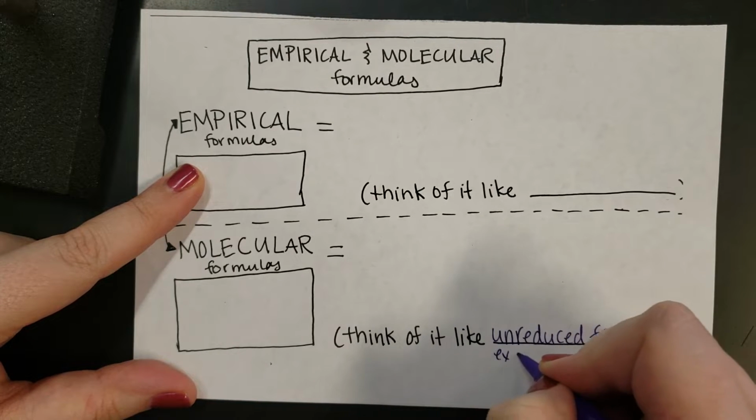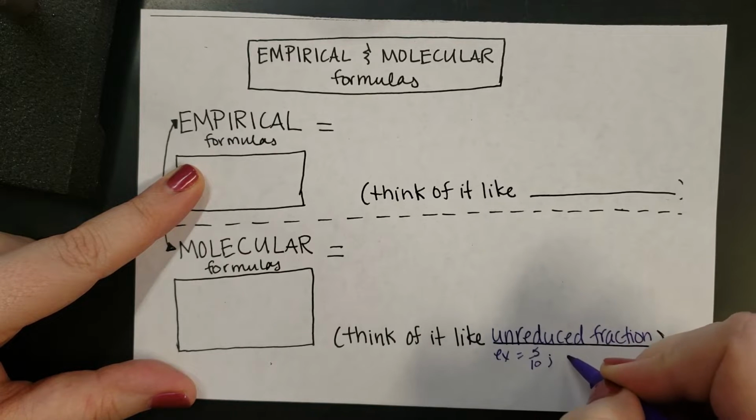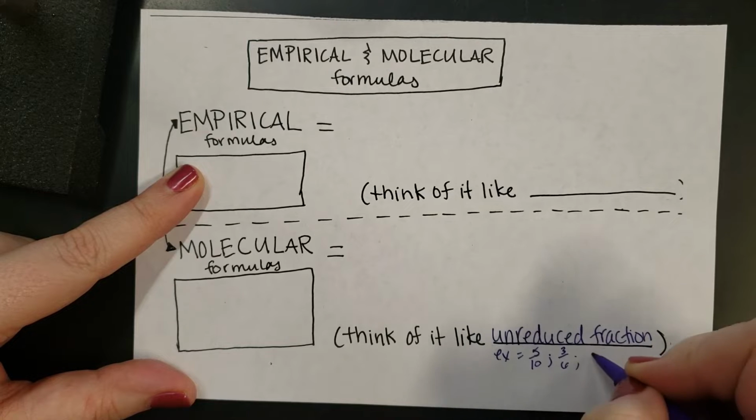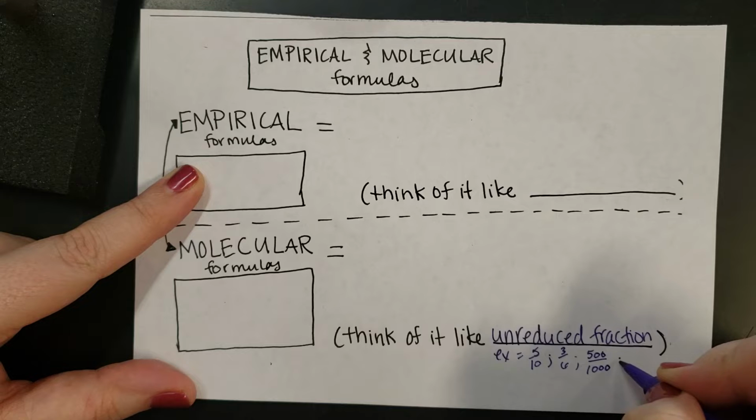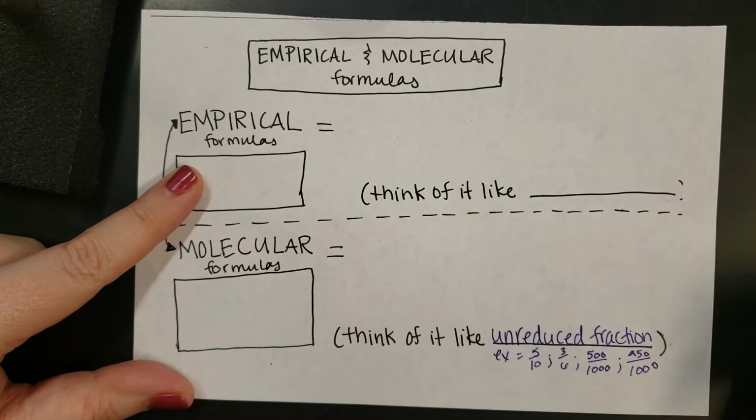So an example would be 5/10, or 3/6, 500/1,000ths, 251 thousandths, anything like that.